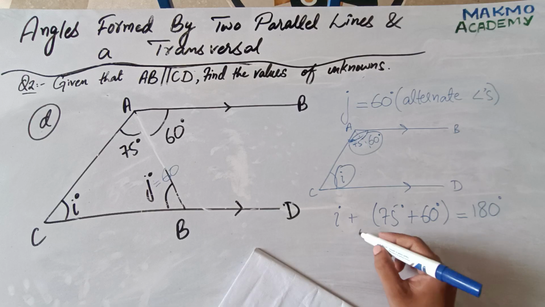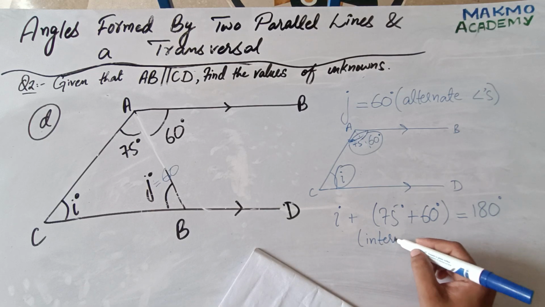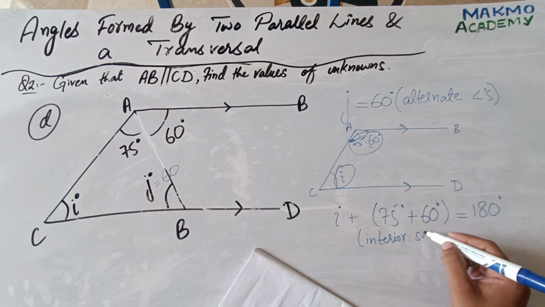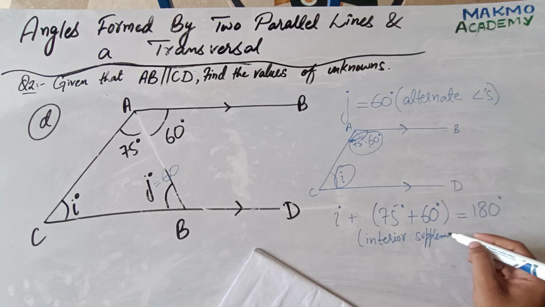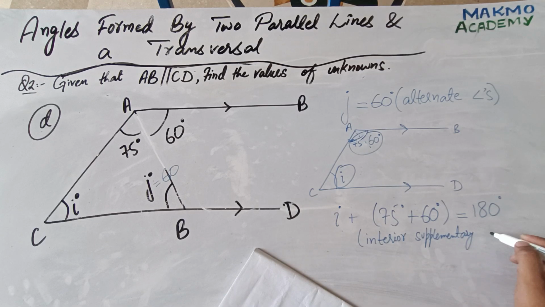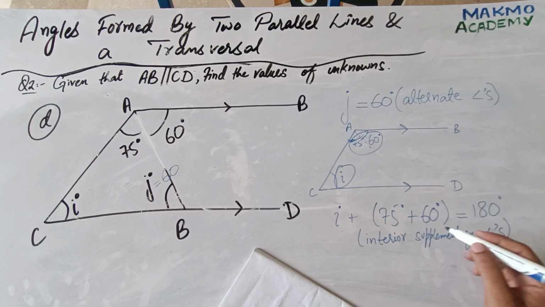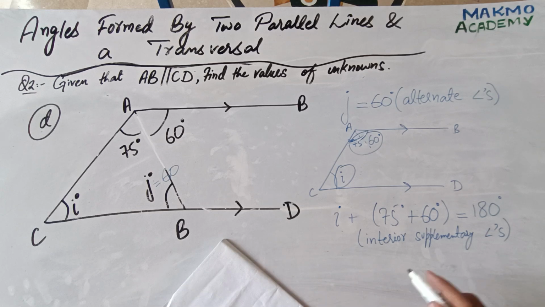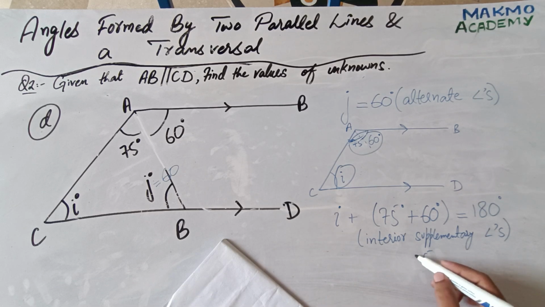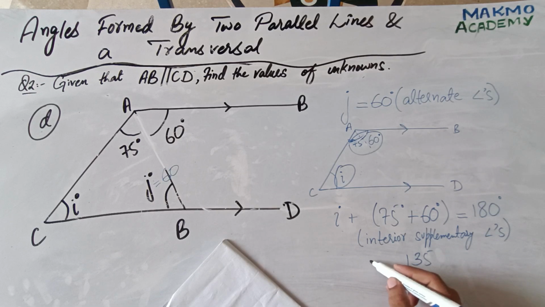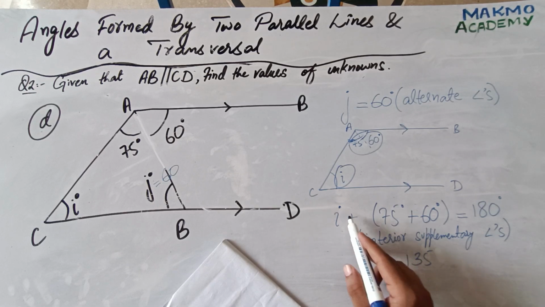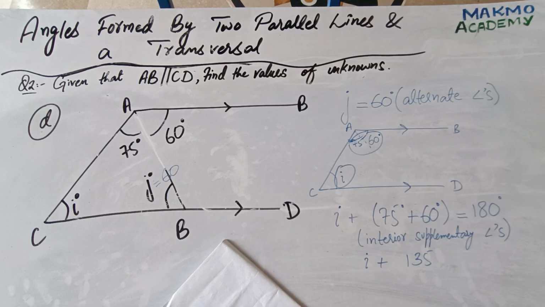Now we will write the reason: interior supplementary angles. Now 75 plus 60 would be 135, plus I. So I plus 135 is equal to 180 degrees.